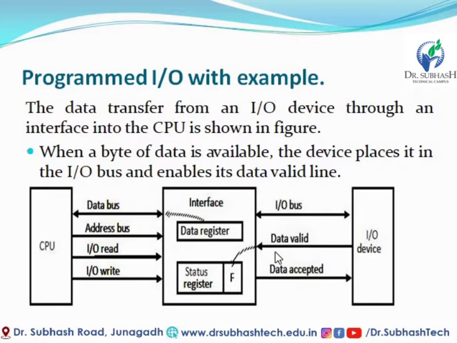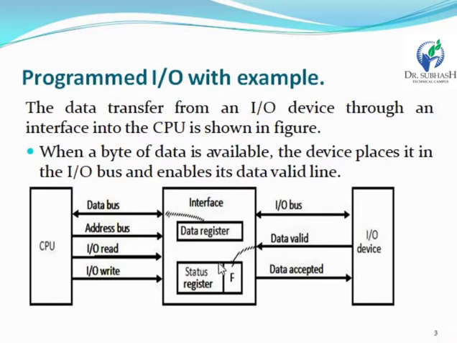Then the data valid signal is passed to the interface. At that time the flag bit will be set. Then the data register transfers the information to the data bus through the signal. Then the data bus provides a response based on the address bus, and finally the data is accepted.